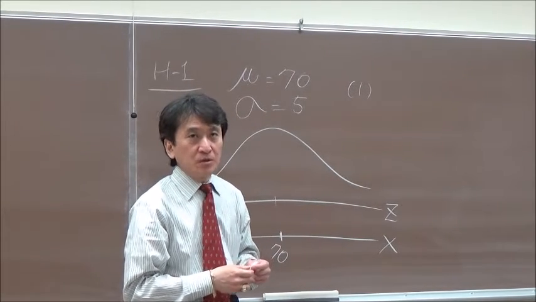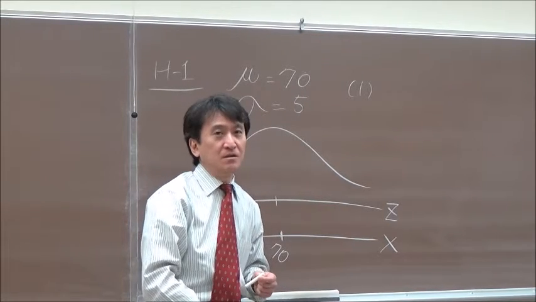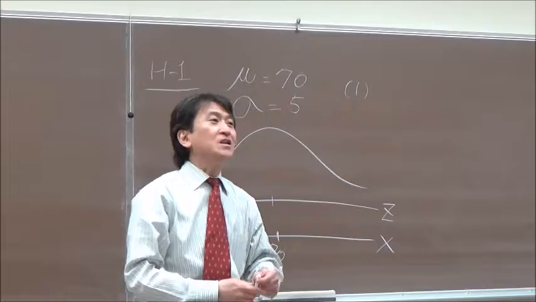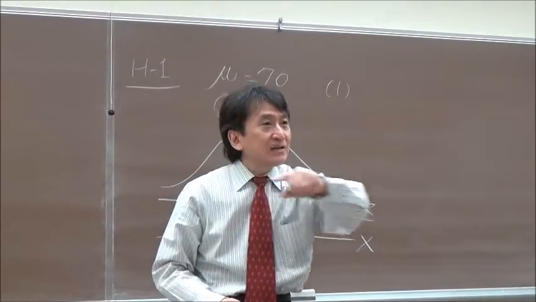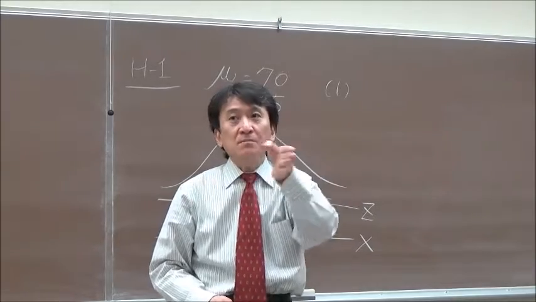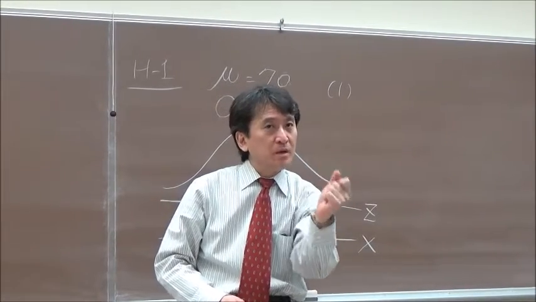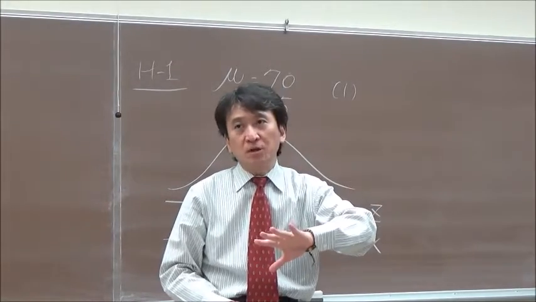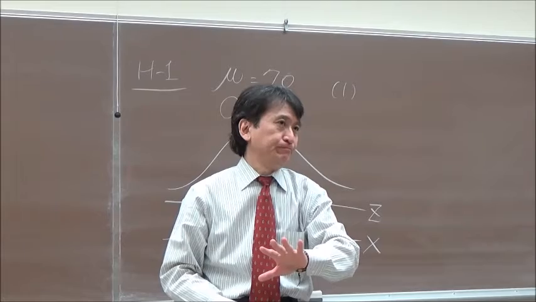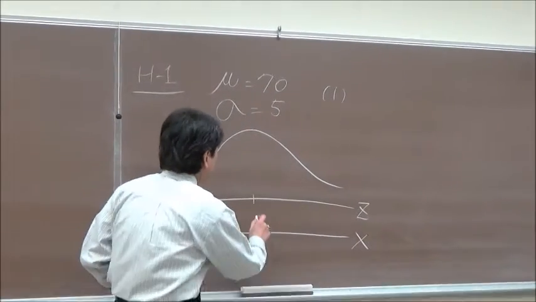Standardized normal distribution. What's the mean? 0, exactly. Very good. That's what we learned, remember? Under the standardized normal distribution, the mean is always 0. The standard deviation is always 1. Remember the 5 characteristics of the normal curve. You have to understand that completely.